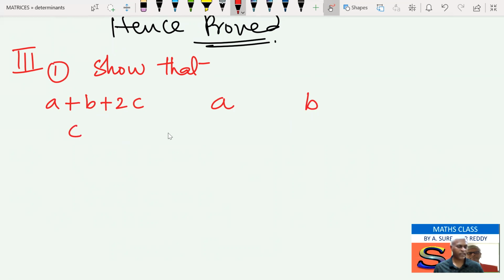This is first row. Second row, c, b plus c plus 2a, b plus c plus 2a and b. Third row, c, a and c plus a plus 2b, c plus a plus 2b.